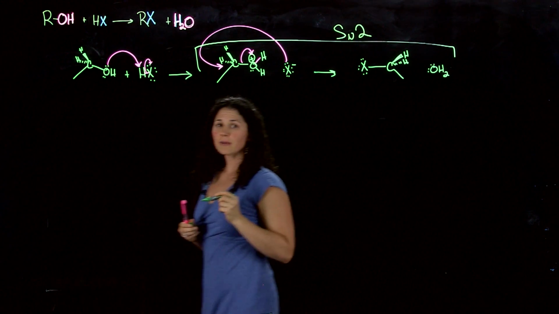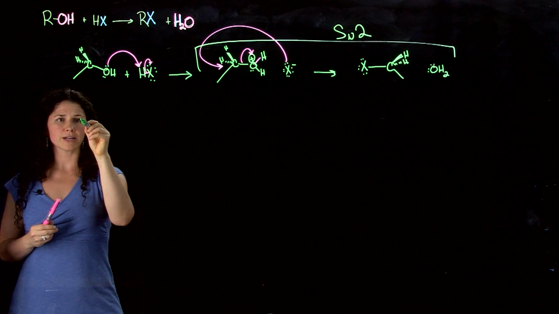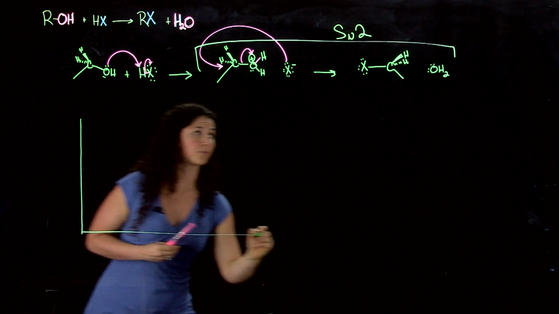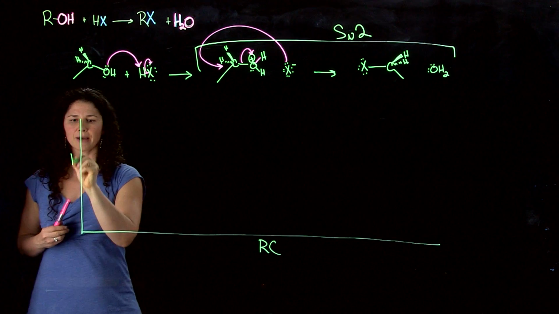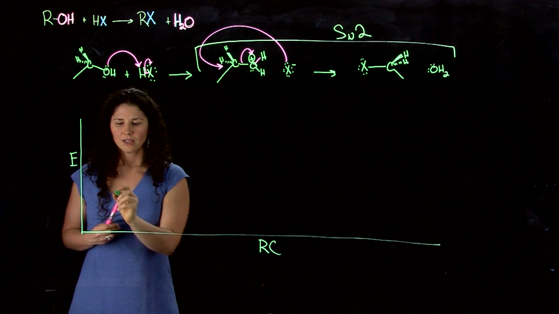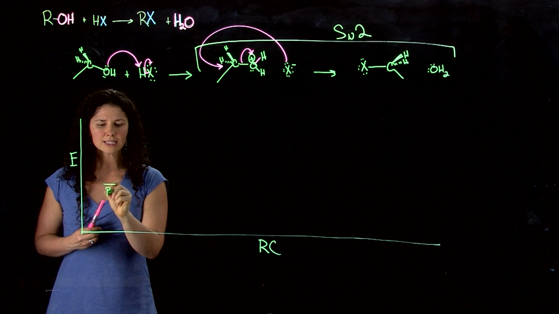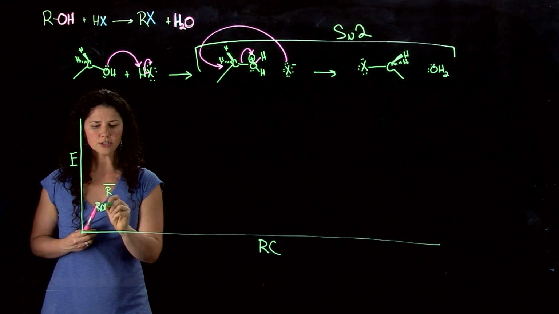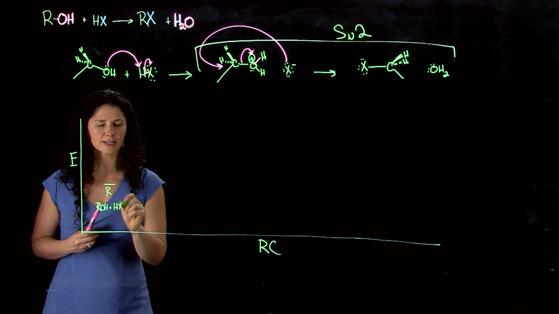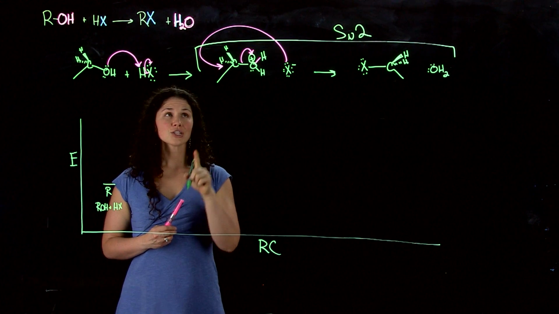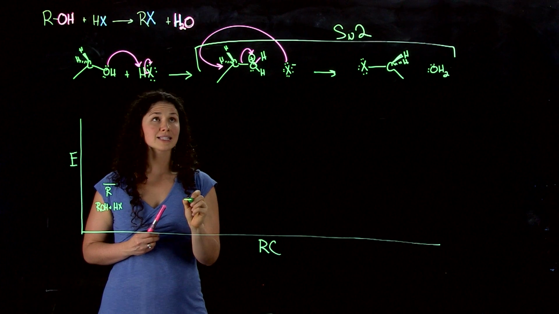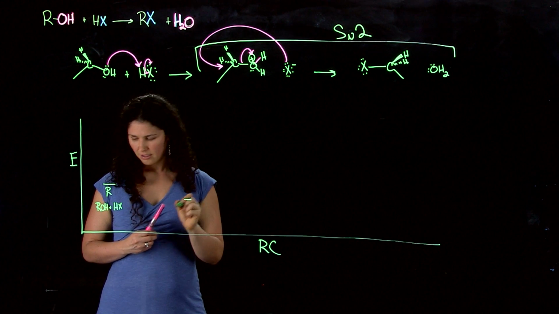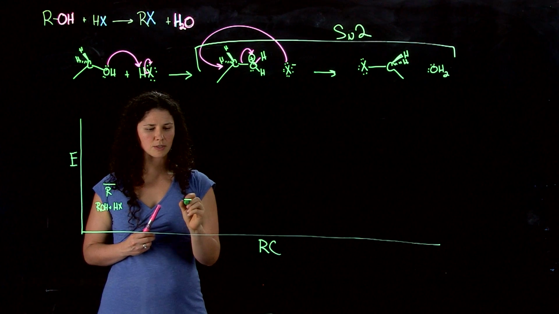If I wanted to draw my reaction energy diagram for this reaction, I can do so. My reaction coordinate and my energy. I'm going to put my reactants here. So this is ROH and HX. The initial step in this reaction has to be protonation of the alcohol. And the protonated alcohol has slightly lower energy than the starting material.